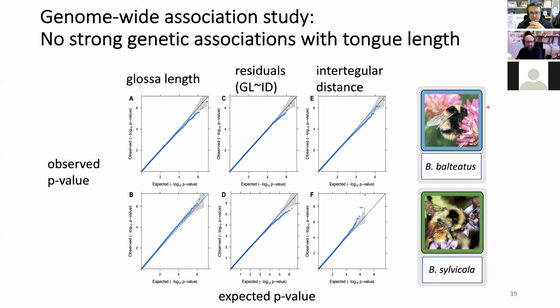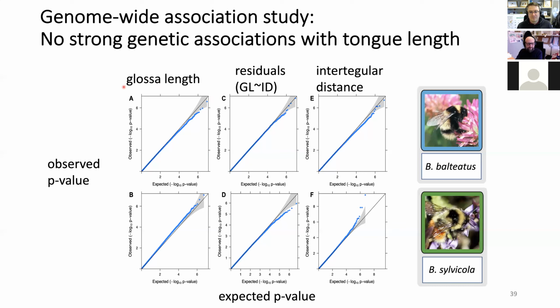These show QQ plots of the correlations between the different phenotypes and the genome sequences in these two different species, and you can see that the observed and expected p-values across the genomes are a fairly straight line.